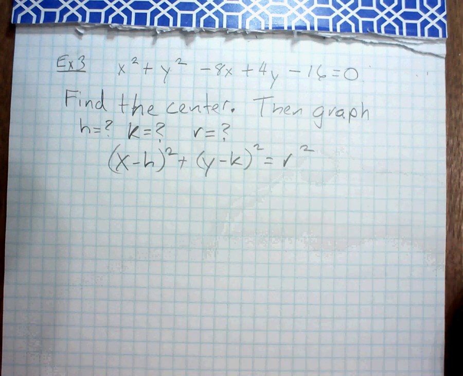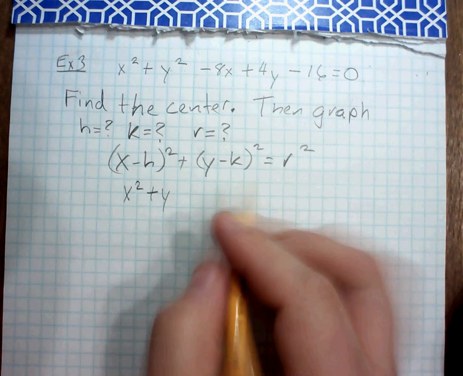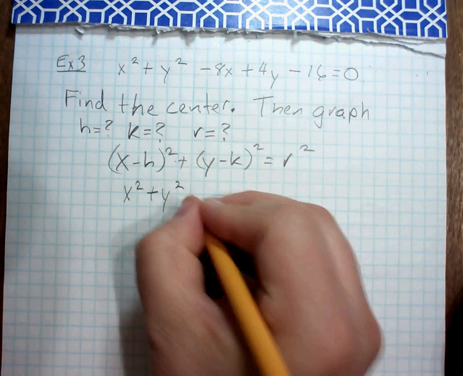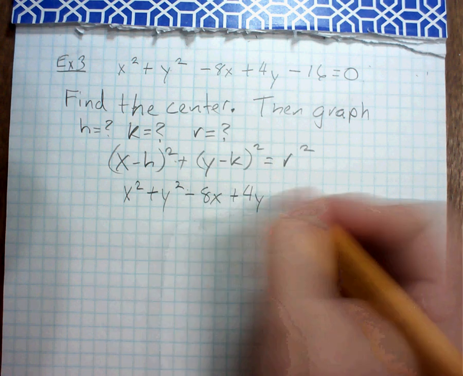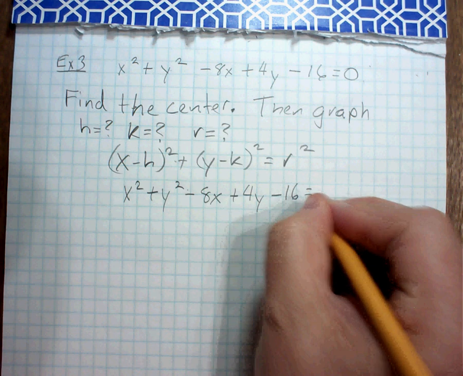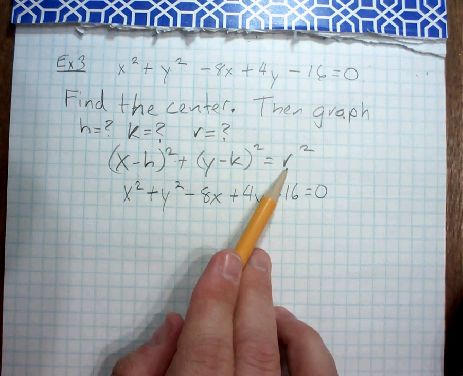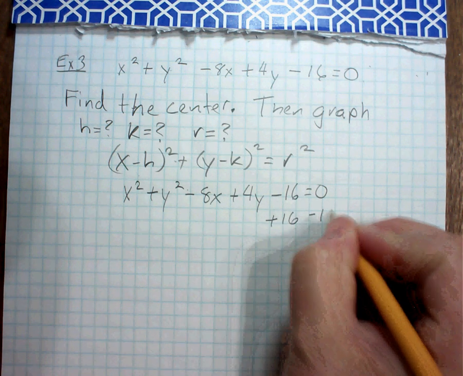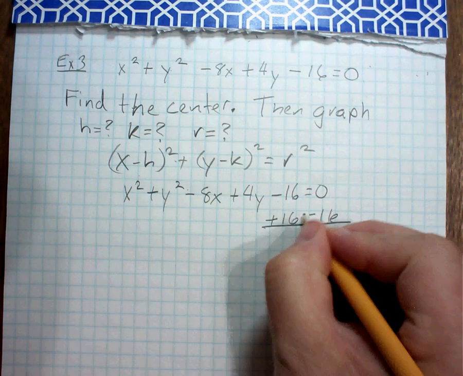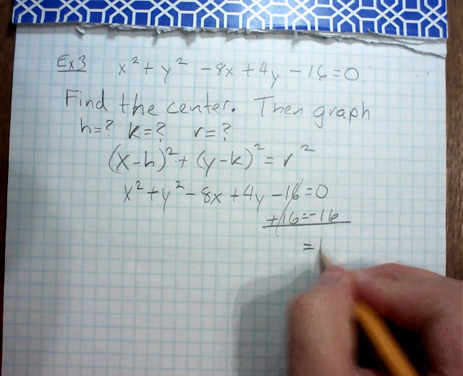Okay? So I start with the original equation. I could do most of this algebraically to make it look like this. So the first thing I'm going to do is I notice that in this equation there's a constant, usually a number over here, so I'm going to add 16 to both sides. These will cancel and I will get 16 over here.